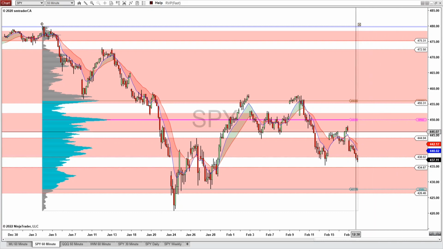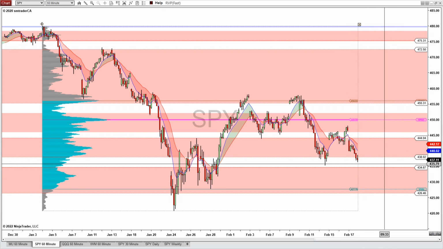As you can see on this 60-minute chart, last time it was here that we talked about the price action. One scenario was that if it gets back into the zone, we're looking for the price to come up to this 450 and possibly get up to the top edge of this zone.